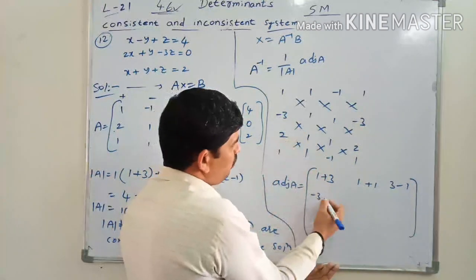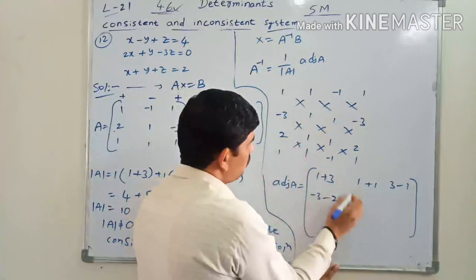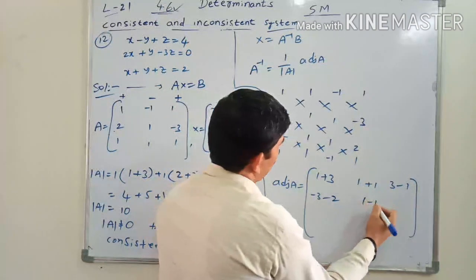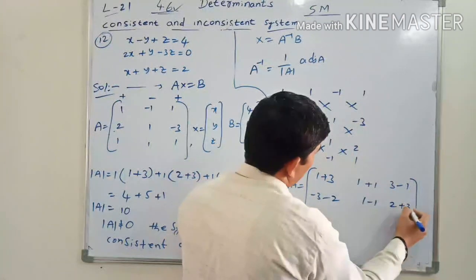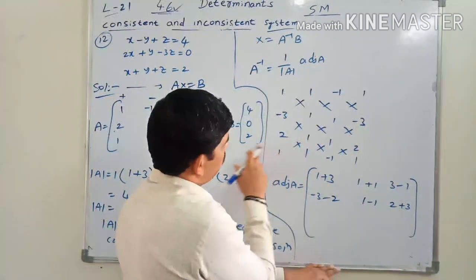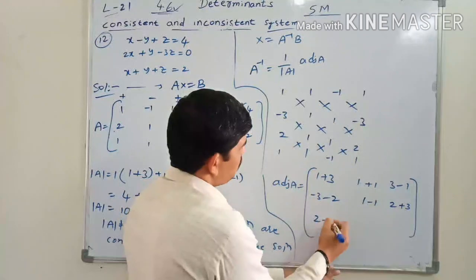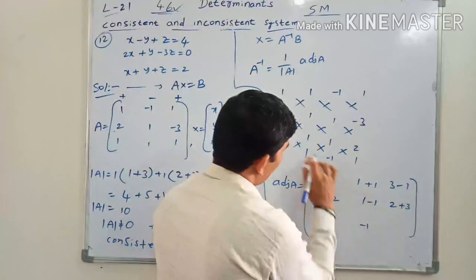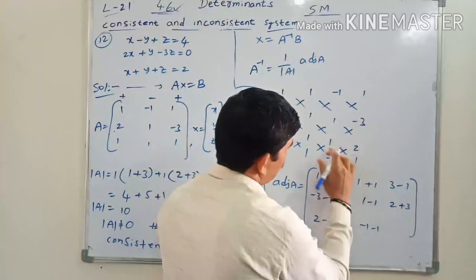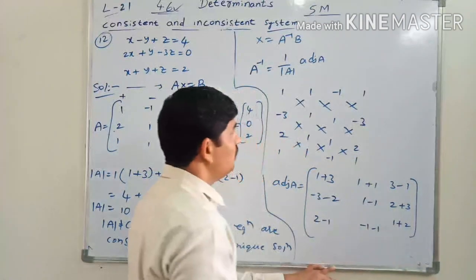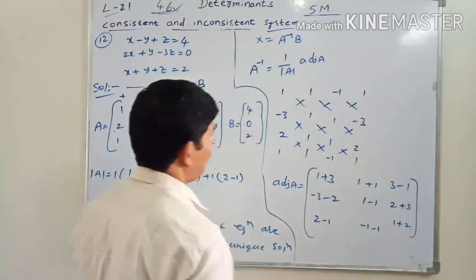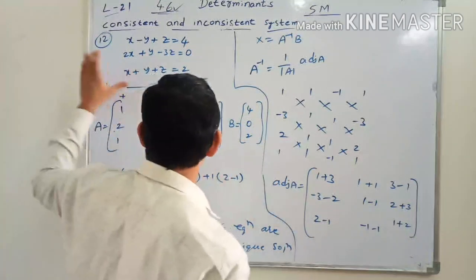Again in between write the minus, 2 into 1 is 2, similarly 1 minus 1. Again 1 into minus 3 is minus 3, then 2 into 1 is 2, minus 1. Next one is 1 into 1 is 1 and plus 2, because the minus is there.